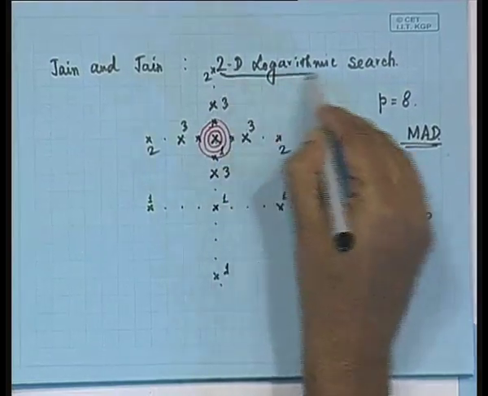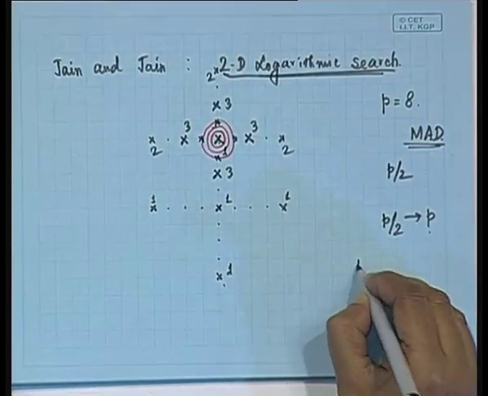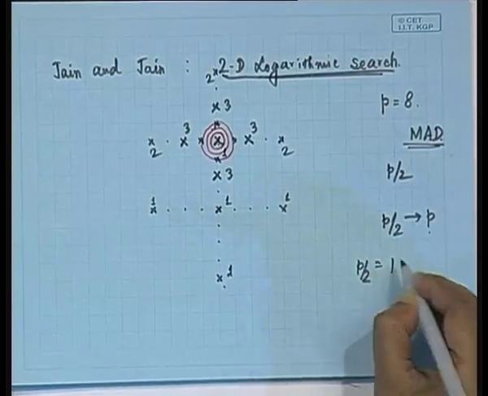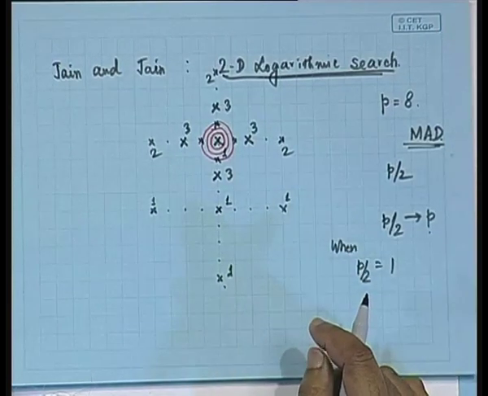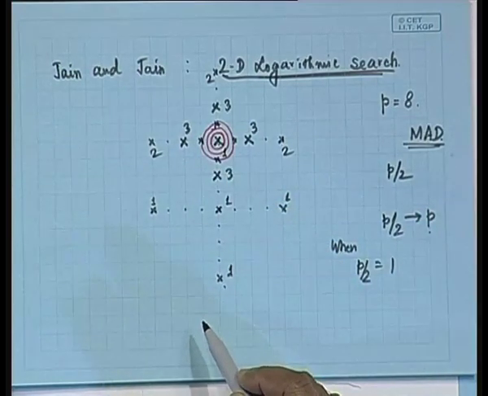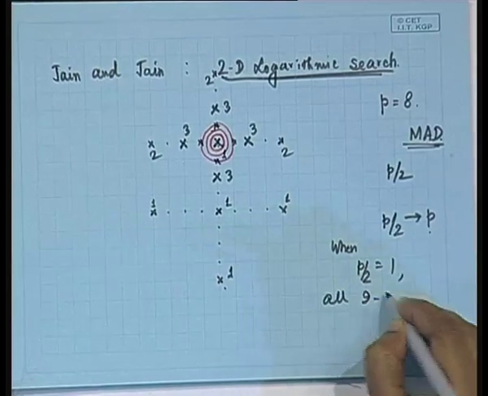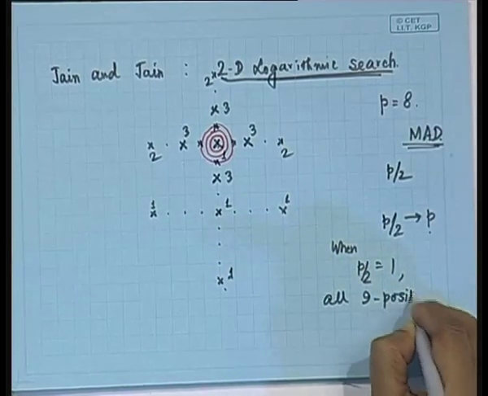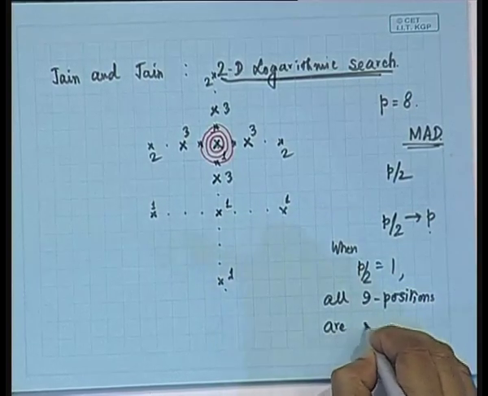But according to this 2D logarithmic search algorithm, when p by 2 becomes equal to 1, that means the search step size reduces to 1, and in that case all 9 neighborhood positions are searched.